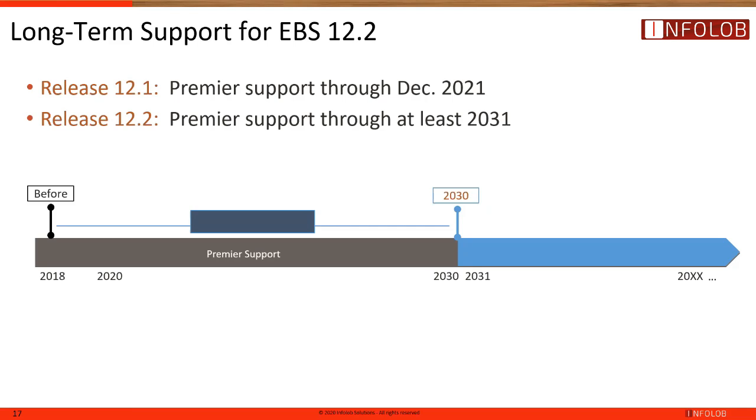12.2 is going to be supported for another approximately 10 years from now. So I recommend upgrading to 12.2 as soon as you can, and at least planning the transition this year. And Infolob will be glad to assist you in the move to the 12.2 release when the customers are ready.